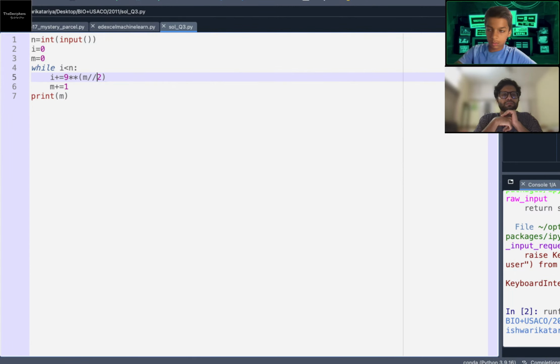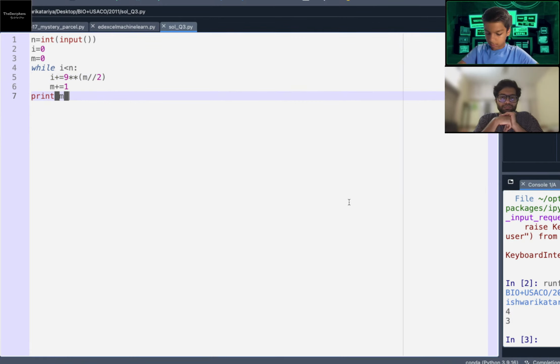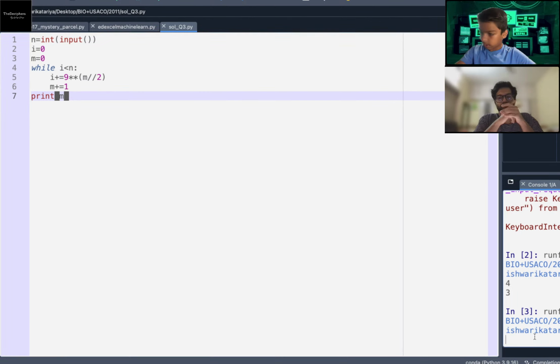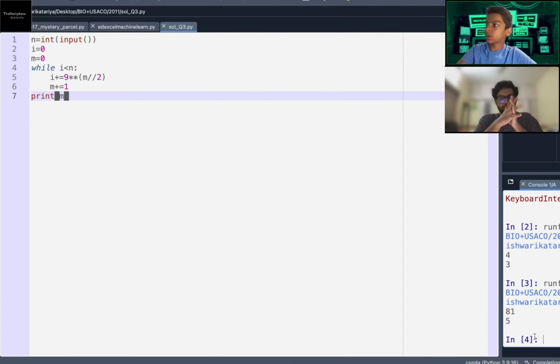Okay, so I'm going to try an input of 4. Output is 3. Wait, I need to do 81. I don't think this is working.